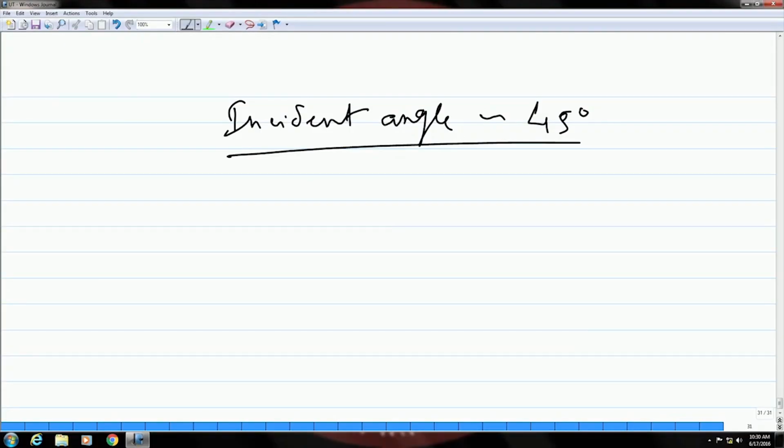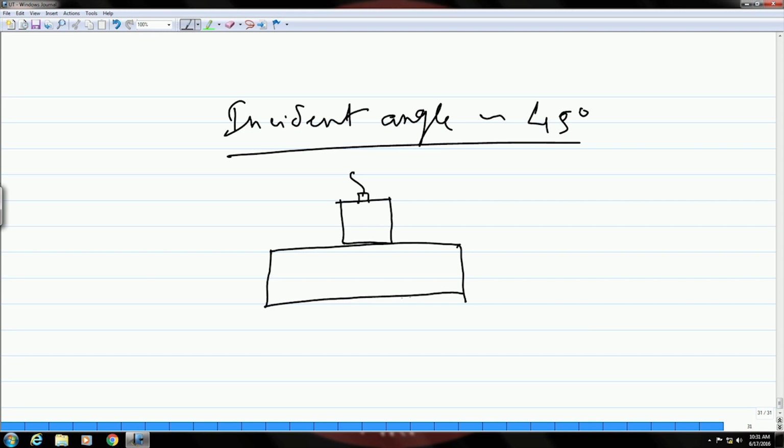Okay. The next thing is how do you send these waves into the sample. So, when you do the testing, you take the probe.